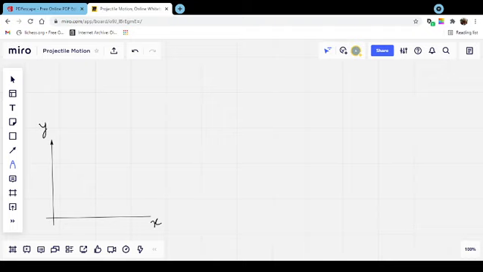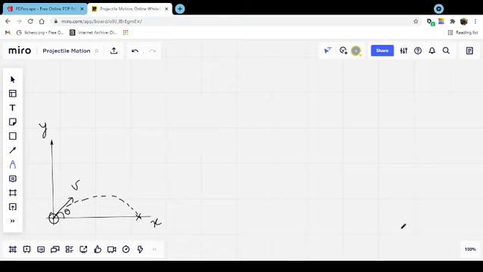Let us say the ball is projected with some velocity v. This is the ball and it's projected with velocity v at an angle theta. It follows some path and comes back to the horizontal from which it is thrown.